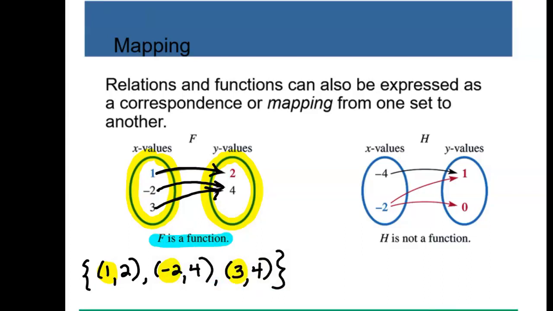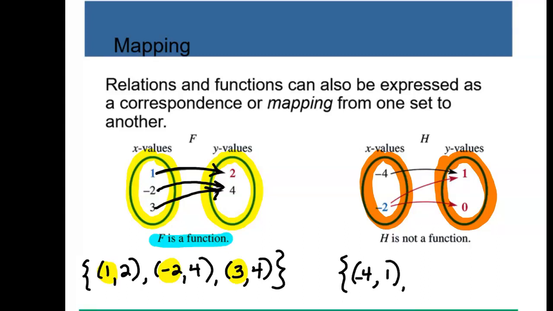However, in h, in that relation that we see to the right, we see here repeating x values, right? Because we have -2 that's being mapped to two different y values. So if we were to write this relation as a set of ordered pairs, we would have (-4, 1), (-2, 1), and (-2, 0).